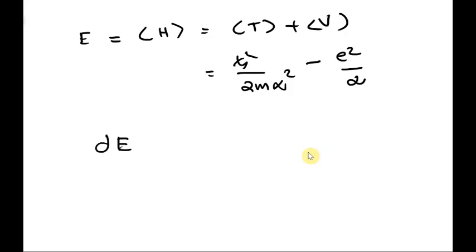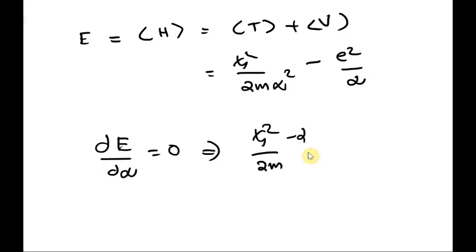So dou E by dou alpha is equal to 0 implies h cross square by 2m. Here you have minus 2 coming in, alpha raised to minus 3, which is equal to, this term going to the RHS as it is 0, minus e square alpha raised to minus 2, right?